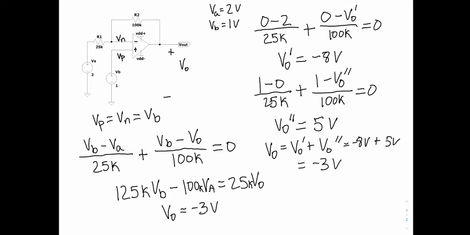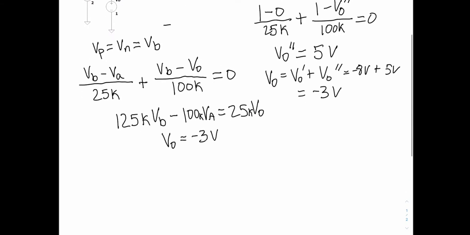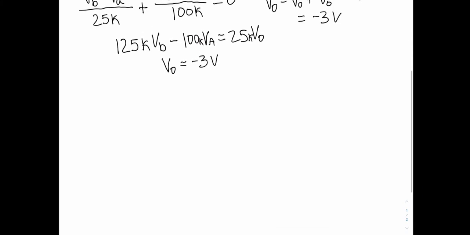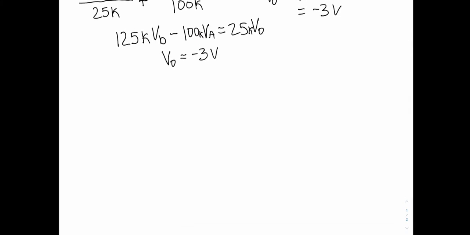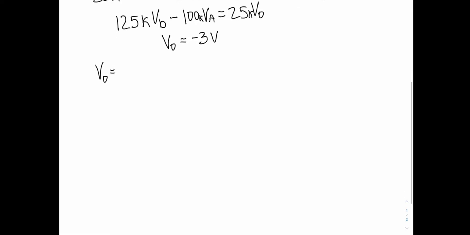we had before. Based on our knowledge of op amps, we know that in an inverting configuration, Vout is equal to negative R2 over R1 times Vin, with negative R2 over R1 equal to the gain of our op amp.